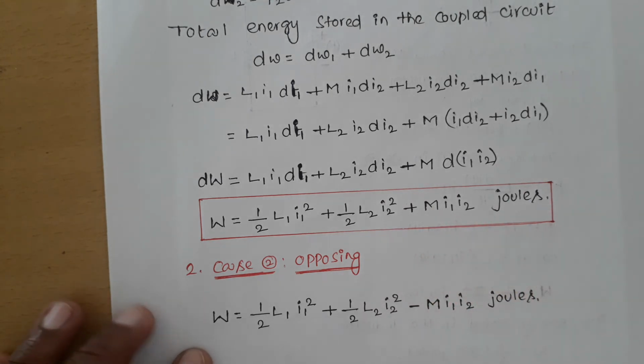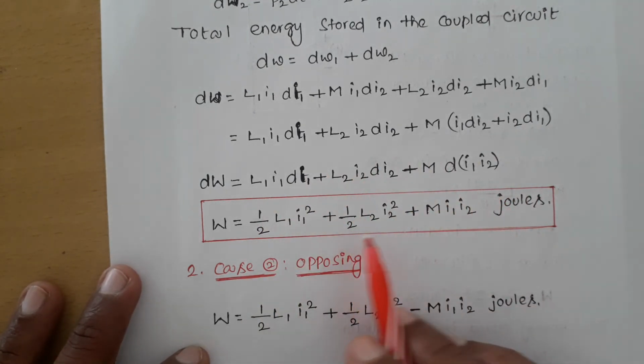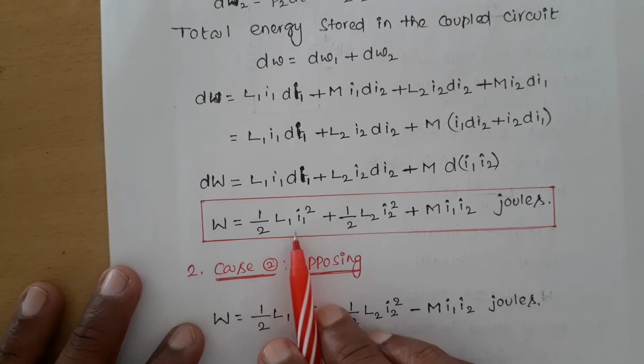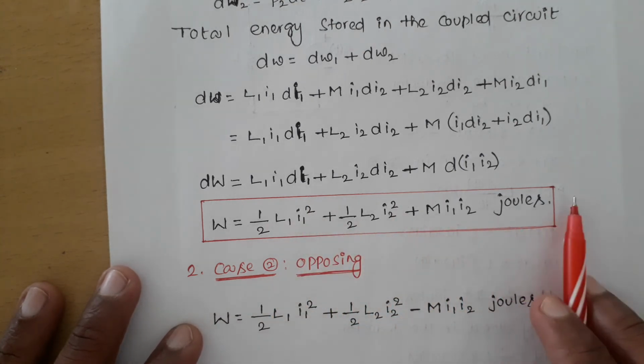So finally, in the aiding case the energy stored in the linear magnetic circuit is W equal to half L1 i1 square plus half L2 i2 square plus M i1 i2 joules.